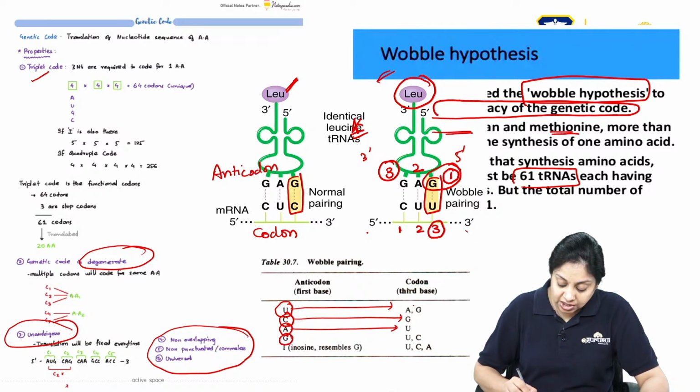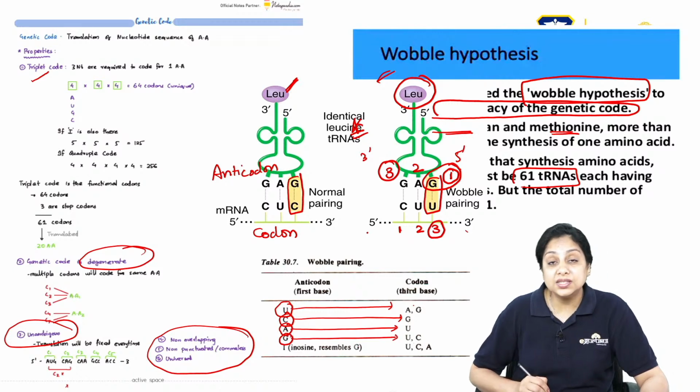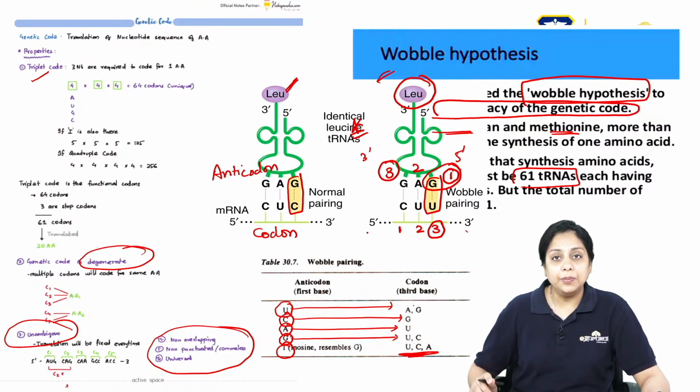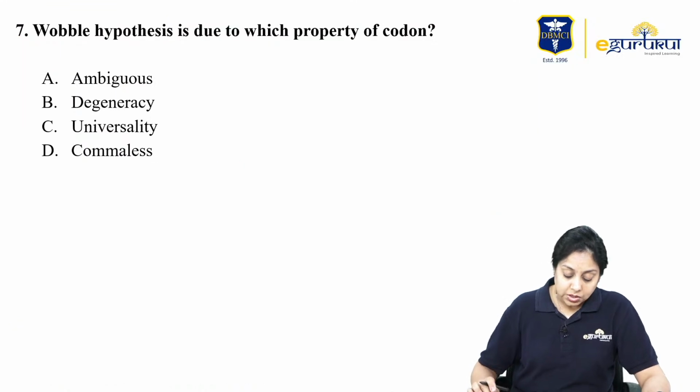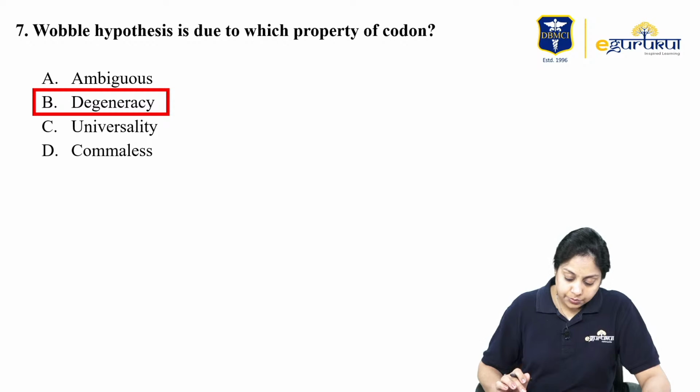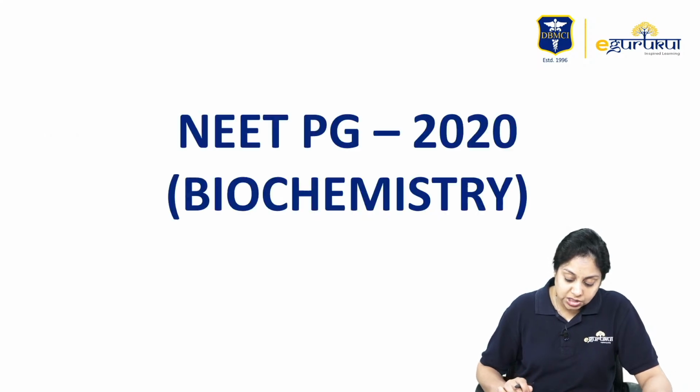If it has G, it is allowed to base pair with uracil as well as cytosine. If it has inosine, inosine is similar to guanine, it can base pair with U, C and A. That is the Wobble hypothesis, okay? So it is explaining the degeneracy of the code, okay?